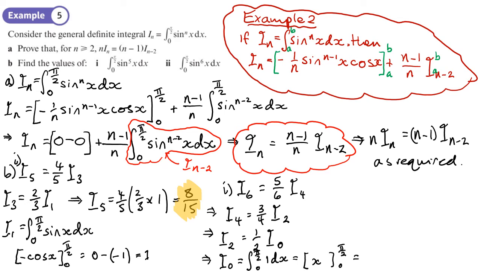If we make the substitution, we just get pi over 2 minus 0, so we just get pi over 2. So we can finish this off and say that I6 is 5/6 of I4. I4 is 3/4 of I2, and I2 is a half of I0, and I0 is pi over 2.